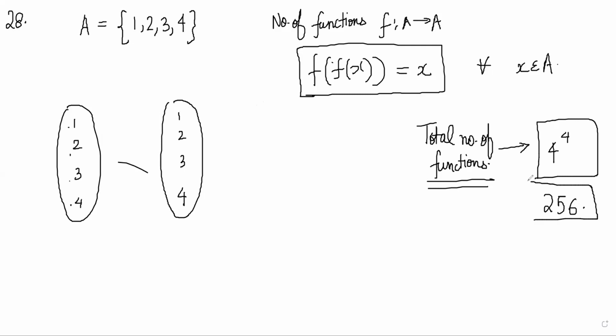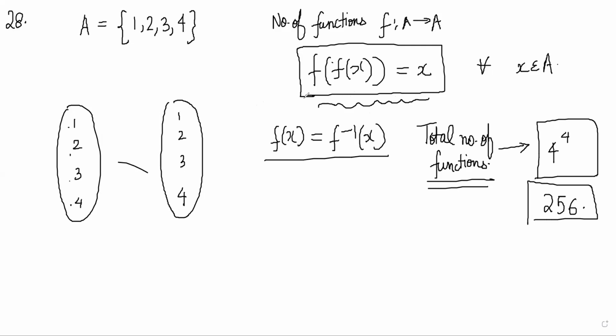You have to now think about how many of them are such that this condition is true, right? So this condition means actually that f(x) is equal to f inverse of x, no? Because you can take f inverse on both sides. f(x) is equal to f inverse of x is coming.